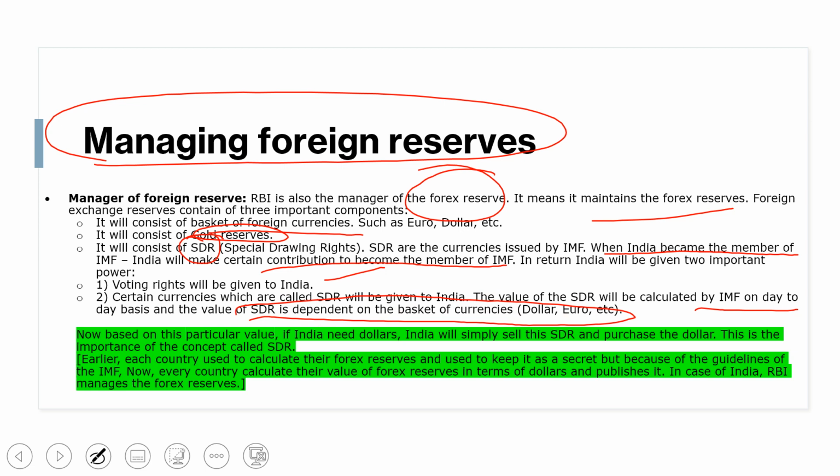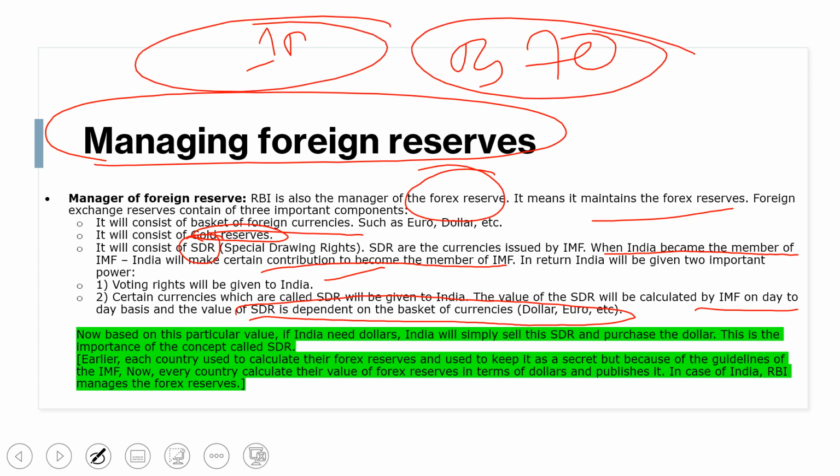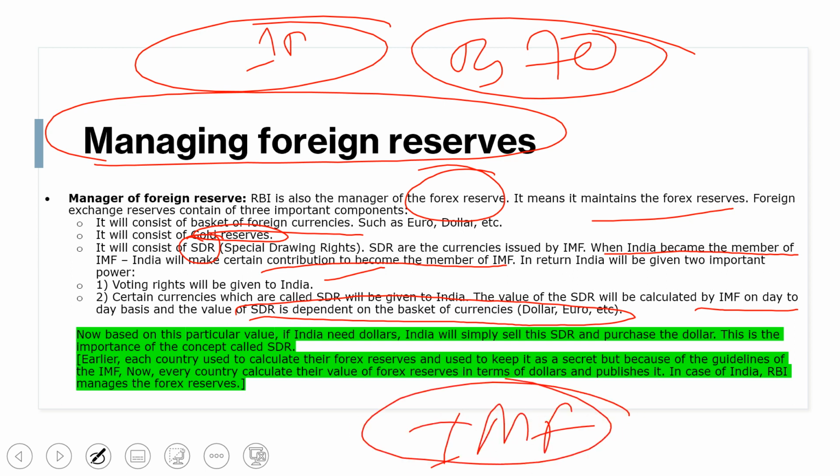In the market, you can go on Google and search what the dollar price is right now. It may be rupees 70, so $1 is equal to rupees 70 right now. In that case, we have another currency, the SDR, which is updated by the IMF, the International Monetary Fund. Based on this value, if India needs dollars, India will simply sell SDR, not rupees, in the market.